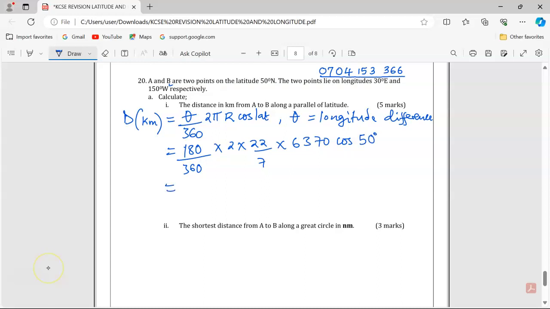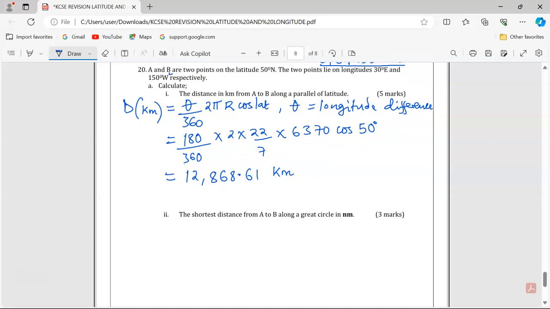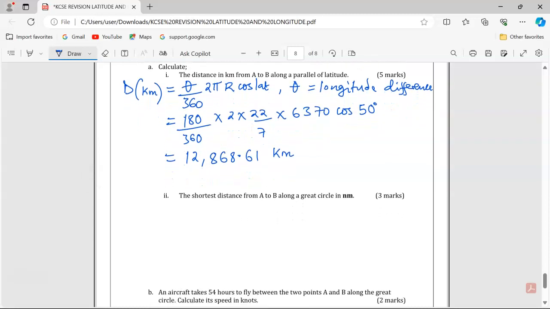So when you compute this using a calculator, you're going to get a distance of 12,868.61 kilometers. So this is the distance between points A and B along the parallel of latitude.